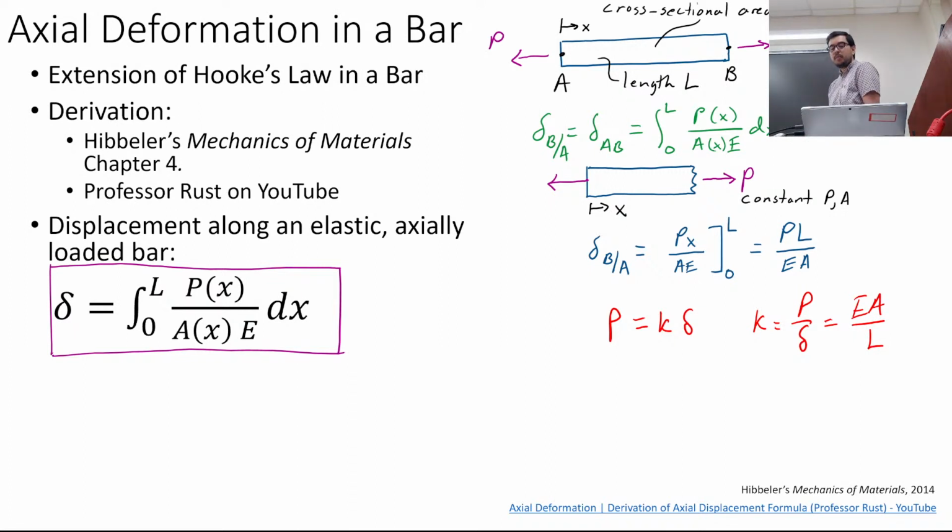Remember when I was spitting out those Ks at the beginning and saying, just use like 165 kilonewtons per millimeter or something like that? What was I doing? I was saying, I know the elastic modulus of steel is 200 gigapascals, I'm giving you a cross-sectional area of A, and I'm telling you it's like 1 meter long or something.